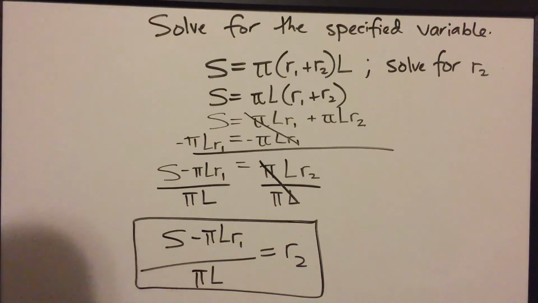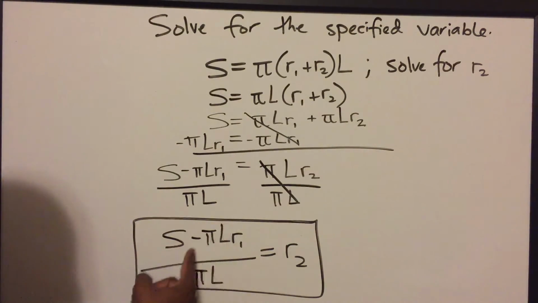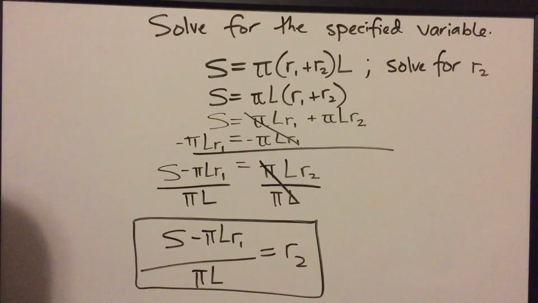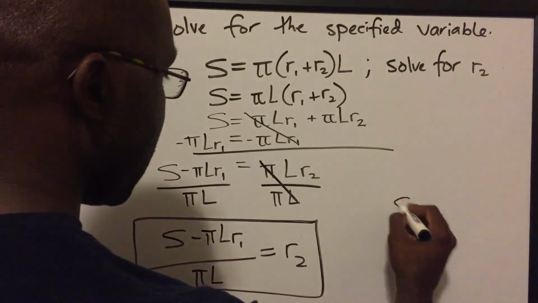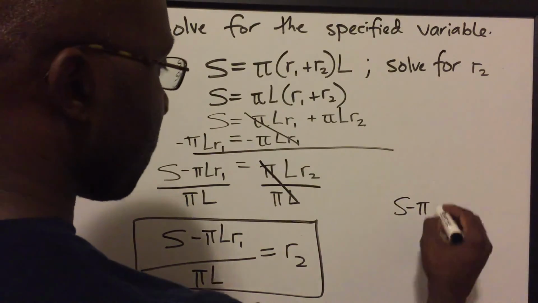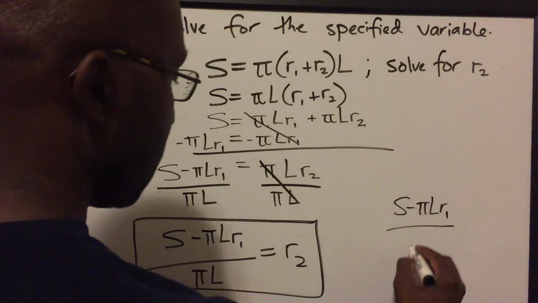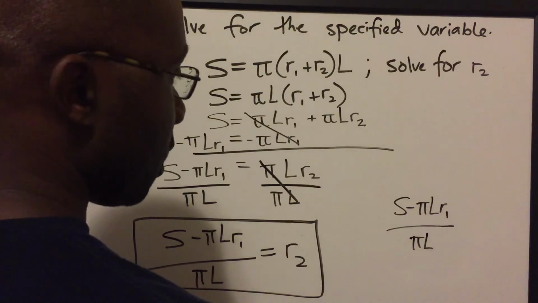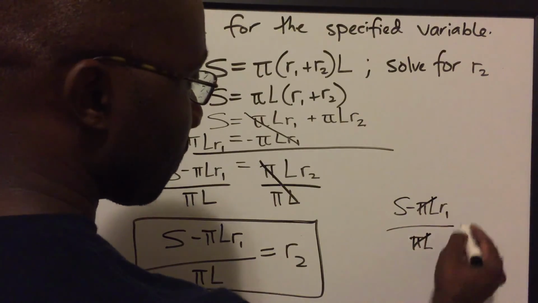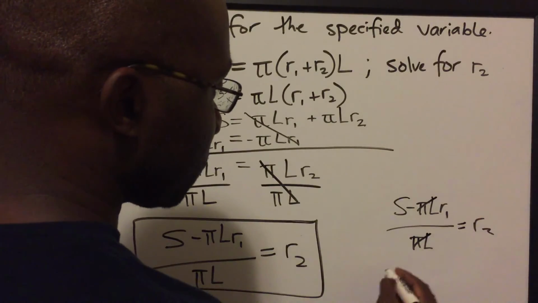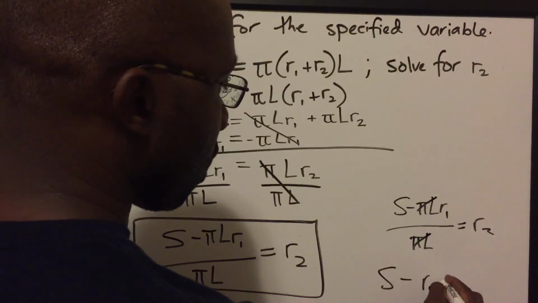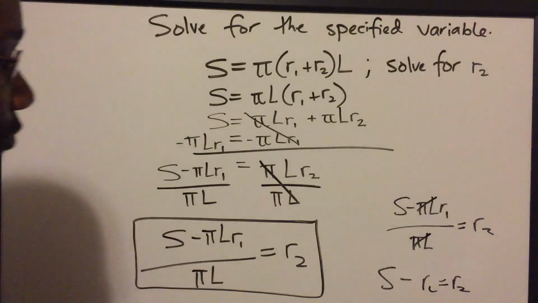Now, you just cannot cancel this out and cancel that out right there, because they are together as a set. Both of them share that minus sign. If you said S minus pi L R1 over pi L and canceled this out, then you're saying your answer is S minus R1 is equal to R2.